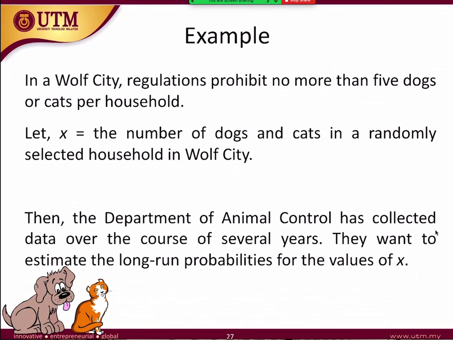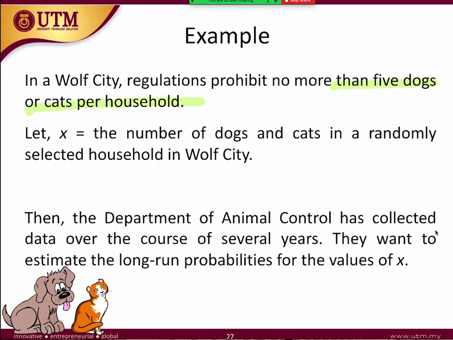So for example, in this place called Wolf City, there is a regulation that no more than 5 pets, 5 dogs or cats, can be in a certain household. For animal lovers, the maximum number of cats or dogs that you can have in a house is 5.